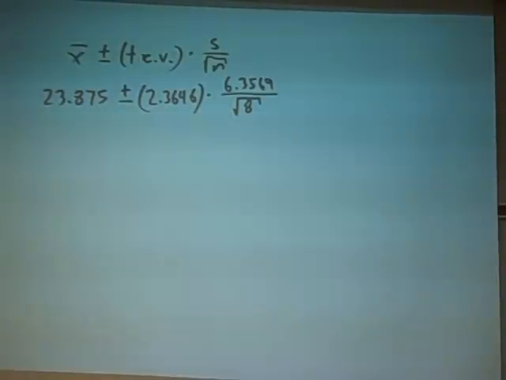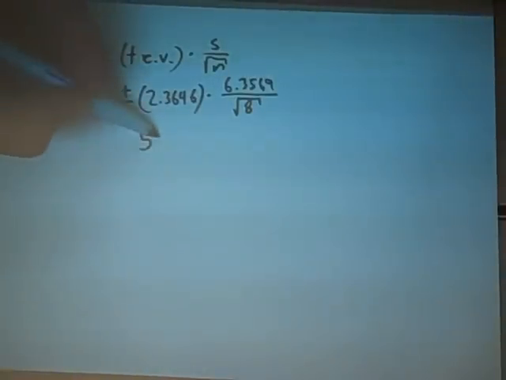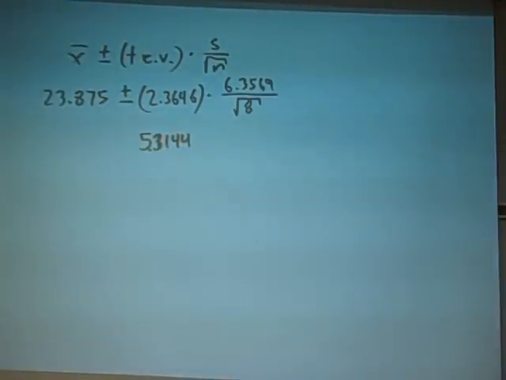So the margin of error I'm getting is 5.3144. So we'll take x bar plus or minus that.